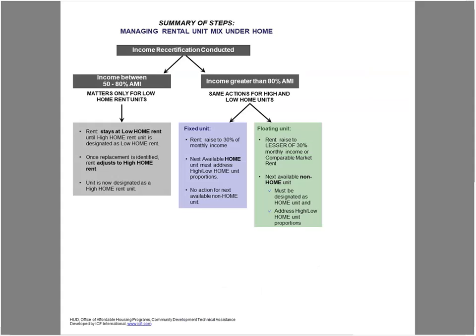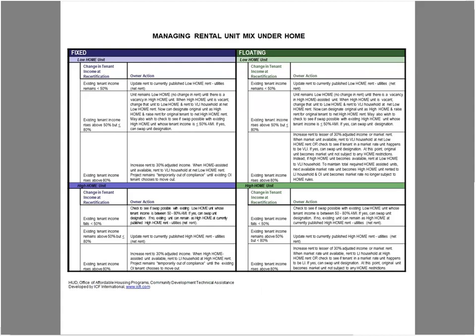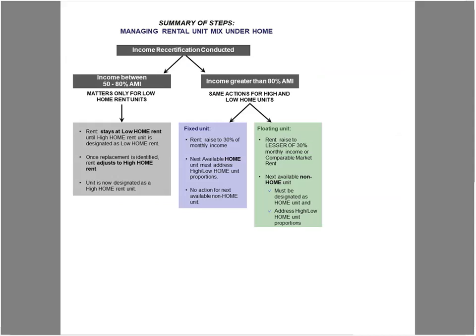This is more of a narrative version of this particular handout. The other side is an alternative version of this, so whichever works best for you. Based on whether it's a low HOME or a high HOME unit, whether it's fixed or floating, this handout will guide you through the actions that would be taken.